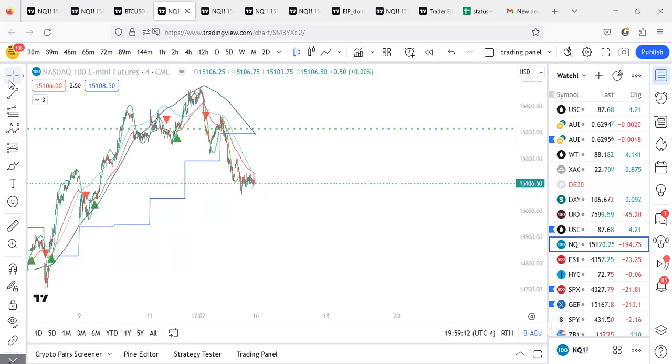But for that, you need to first remove the nonsense people that are there in your life, and also remove the nonsense that you hear all around you. Only then will you be able to make the difference. Otherwise, nothing is going to happen. You will remain the support and resistance guy. You will remain the moving average guy. You will remain the news trader, Israel Hamas, Silicon Valley Bank.